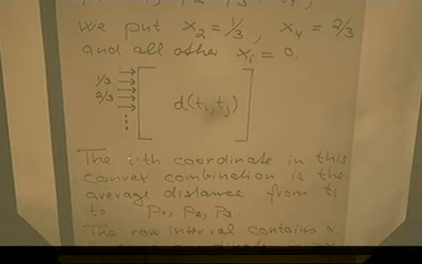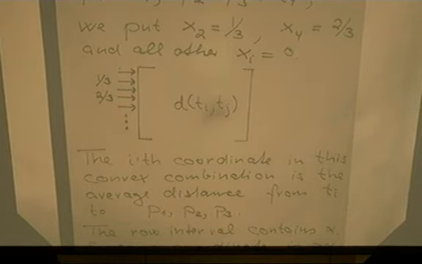Then it turns out that the ith coordinate in this convex combination, I mean, this is again trivial. If you think of the ith coordinate in this convex combination, so you take the ith column, that turns out to be the average distance from this element Ti to these selected points. So when you form this convex combination, you get what I called a row interval. We know that this row interval contains alpha.